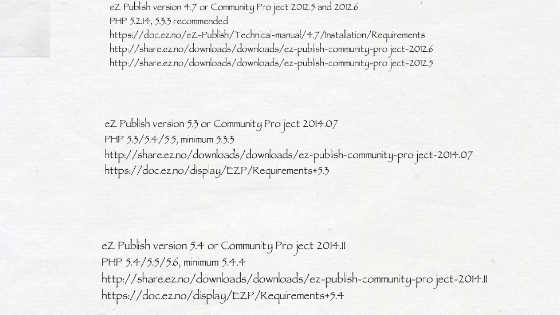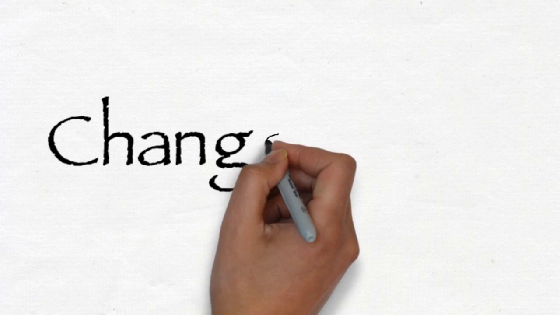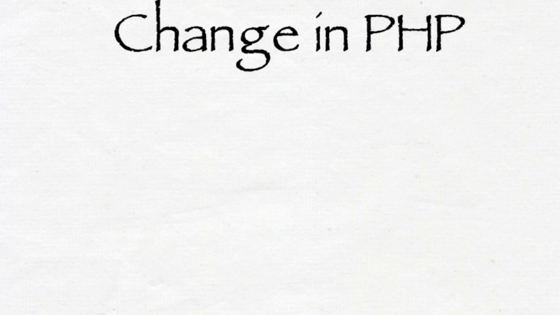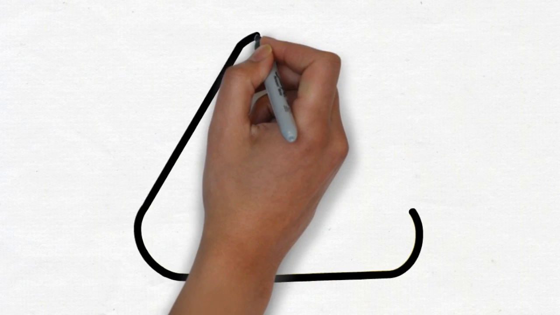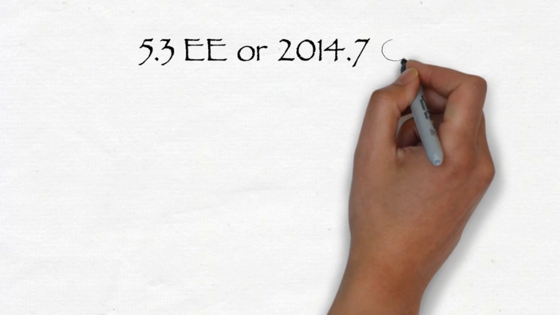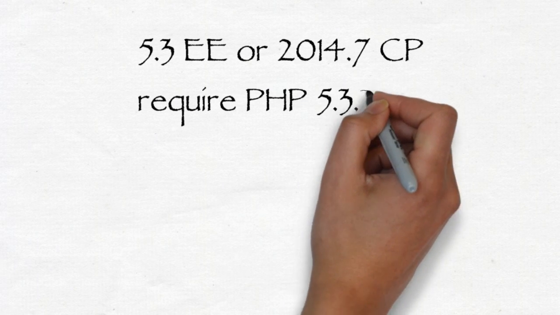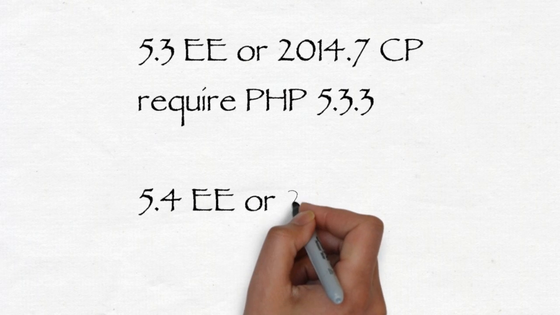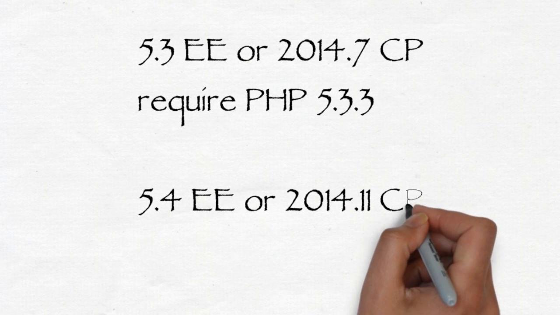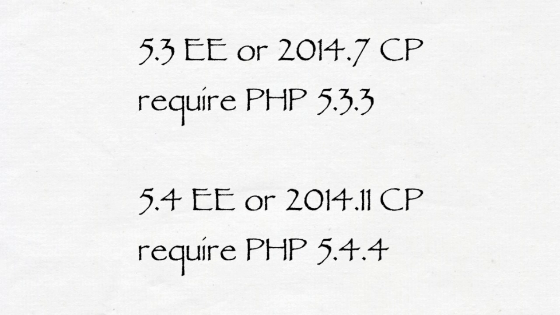Between versions 5.3 and 5.4 of the Enterprise Edition, or 2014.07 and 2014.11 of the Community Project, there was a PHP version change. This version change was from PHP 5.3.3 to version PHP 5.4.4. So you really need to be careful when considering a version for upgrading that might be incompatible with code or systems that you currently have in place.